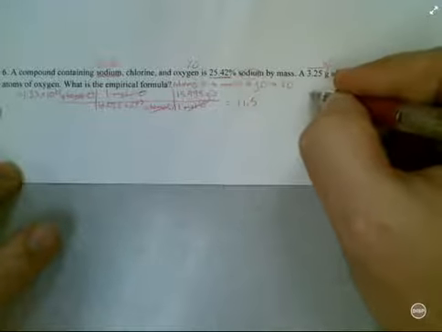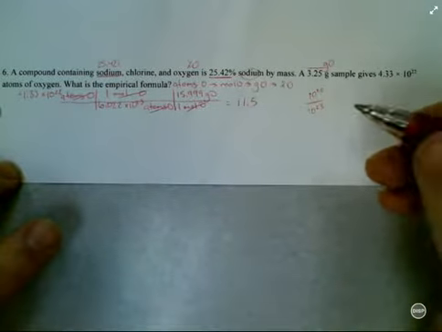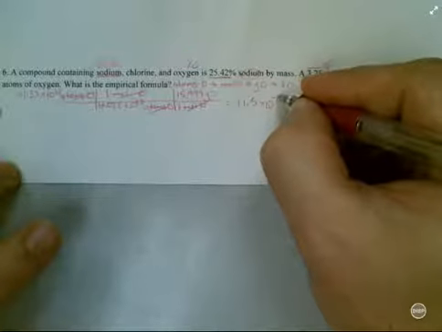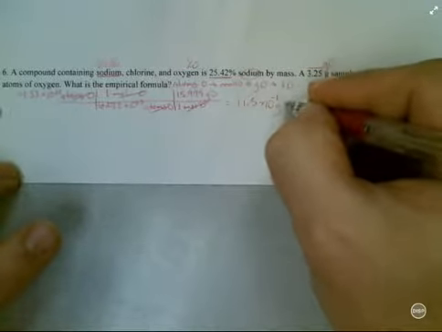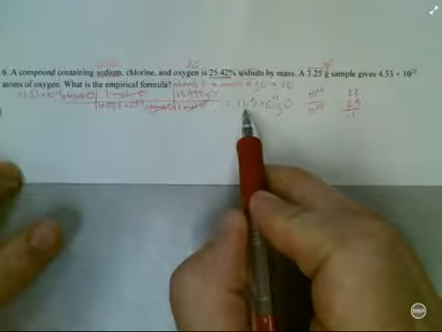Then, by looking at the times 10 with the exponent second, I get to simplify what I'm doing here. So I have a times 10 to the 22nd divided by times 10 to the 23rd. And if you remember what we do when we divide exponents, we subtract them. So that ends up being -1. So this is times 10 to the -1 grams of oxygen. But this isn't proper scientific notation because this is more than 10.